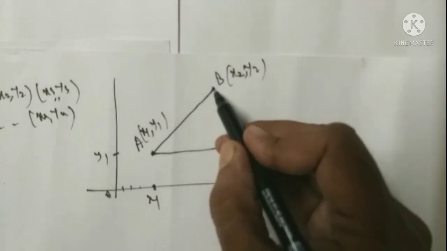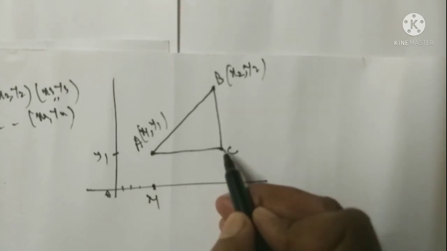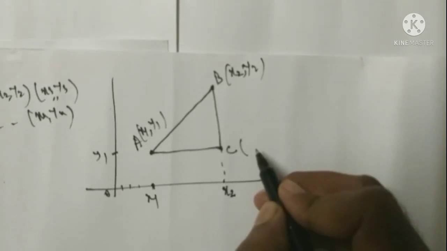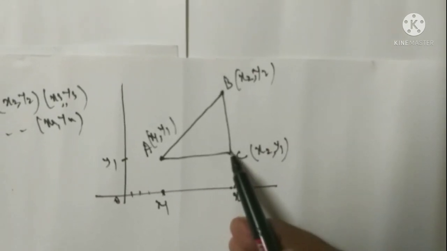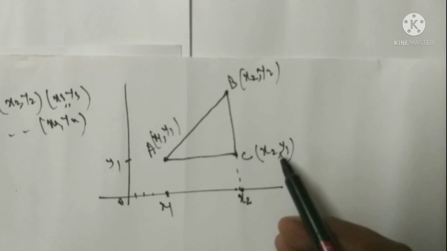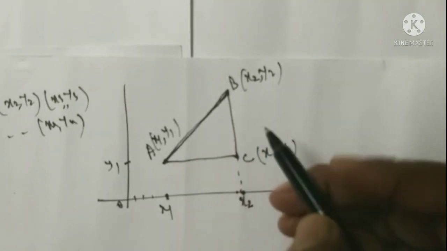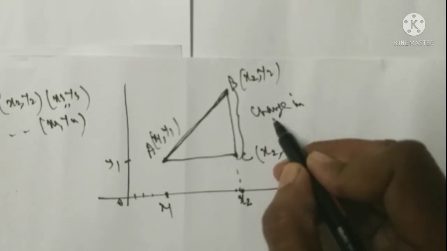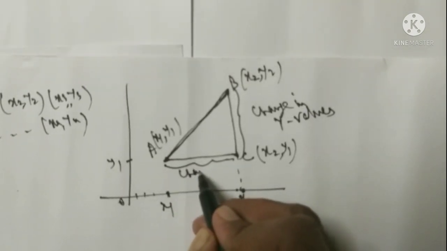When we make it the point B, first we go towards C and then from C to B. C point's x coordinate is x2 and height is y1, therefore this is x2, y1. But our problem is to find out the slope of this line. This part is called change in y values and this part is change in x values.